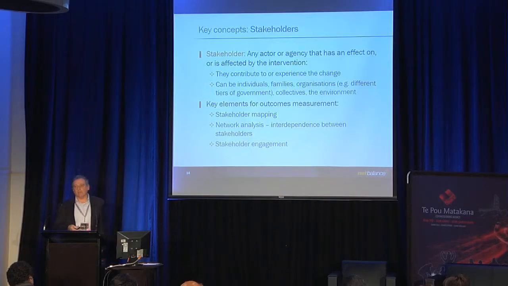And as I've mentioned several times, often you can't help an individual unless you engage a family. So understanding how important the context, a family and a community, is a key element of understanding how outcomes are delivered. So stakeholder engagement becomes a differentiator. If you see some measurement of outcomes and there's no reference to direct engagement with stakeholders, it won't be any good.